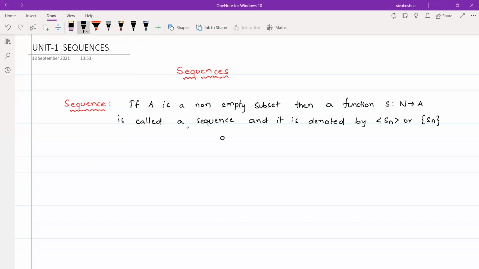Or a sequence can also be defined in another way for understanding. That is, a sequence is a list of numbers placed in a definite order.